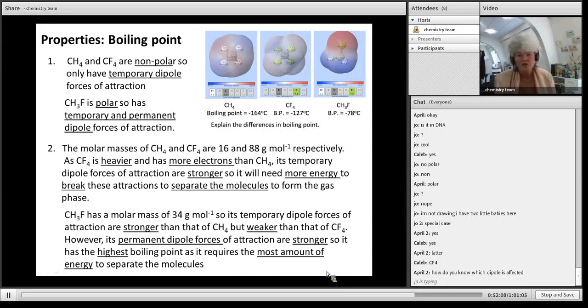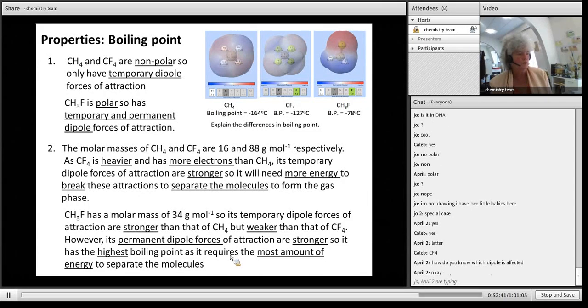How do you know which dipole is affected? As I say, you need to know if there's a polar molecule. The way you know whether it's a polar molecule or not is by drawing the Lewis structures, looking at the shape, and then working it out. You are expected to be able to work out if the molecules are polar or not, and if they are polar, then you're going to have the permanent dipole force of attraction.